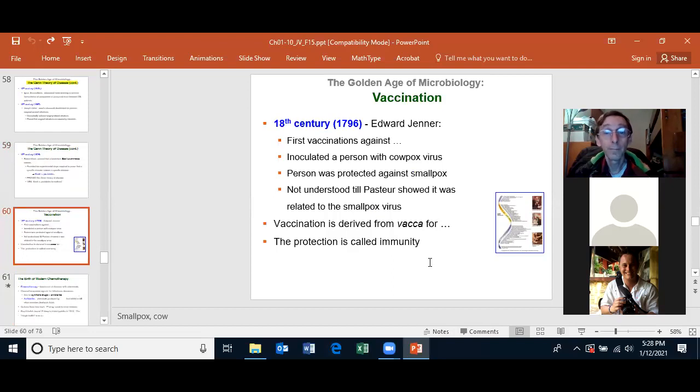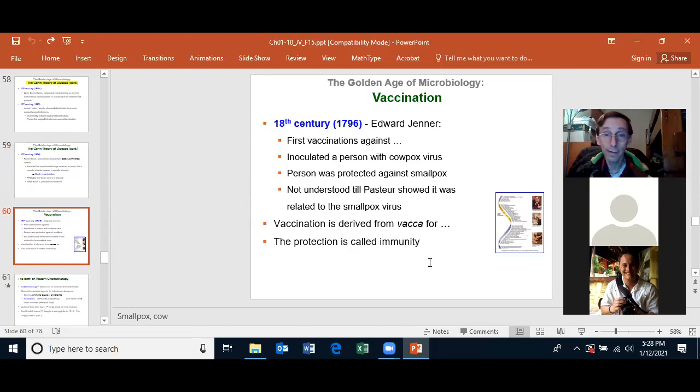All right. Something that happened long before microbiology was started was the concept of vaccination. The first vaccine was developed by Edward Jenner in 1796, and that was at least 50 years before the majority of the things that gave rise to microbiology began. He made the first vaccine against the disease smallpox.